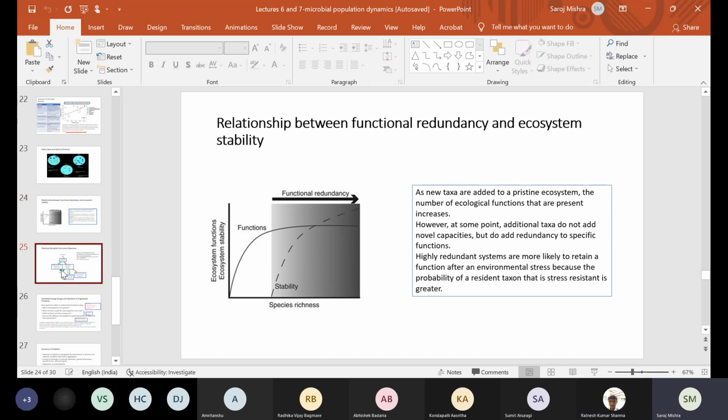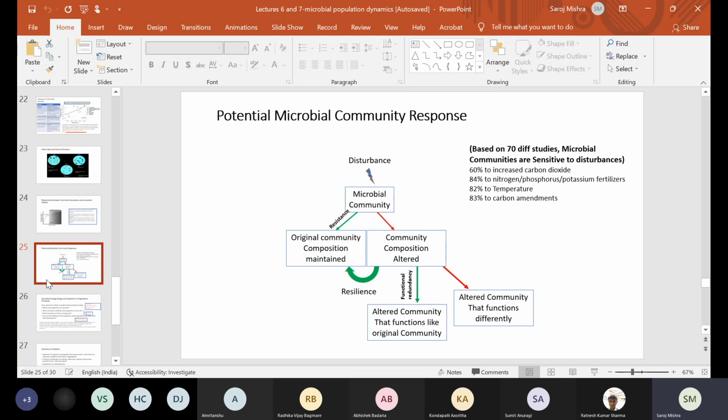All right. So now here is a picture from that chapter, which I had uploaded yesterday, about microbial community response. What is extremely important is, why are we trying to understand these microbial communities?